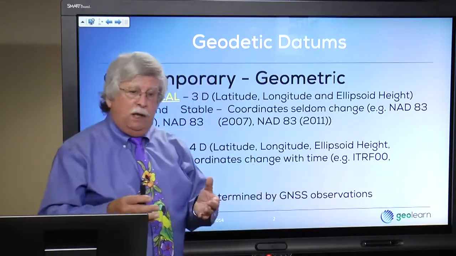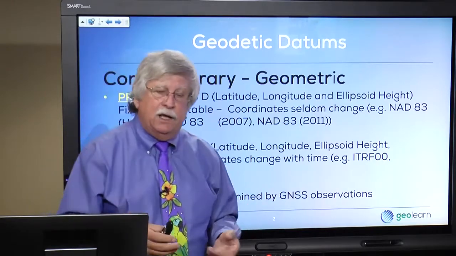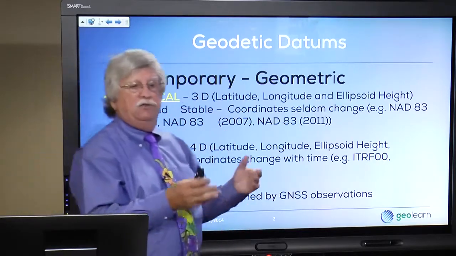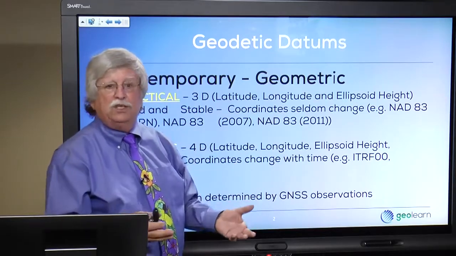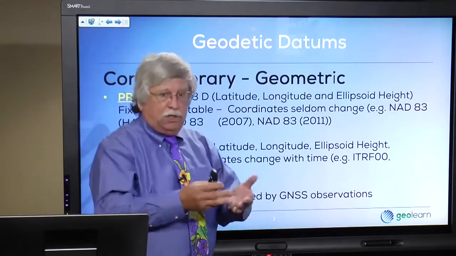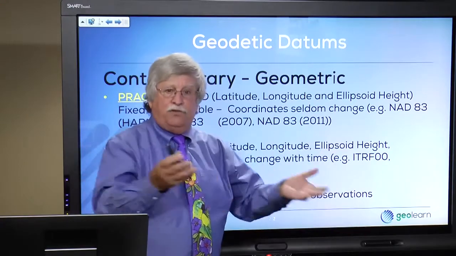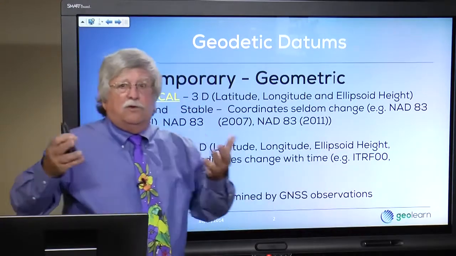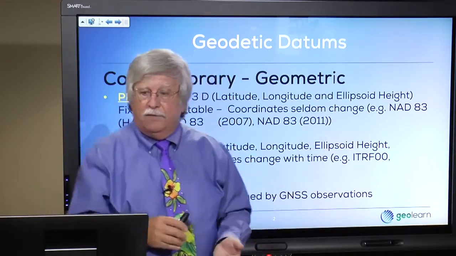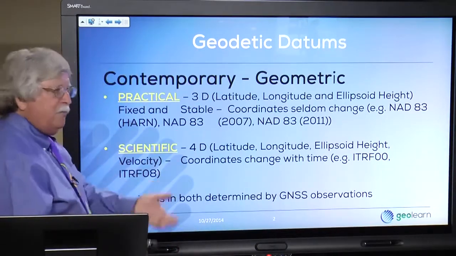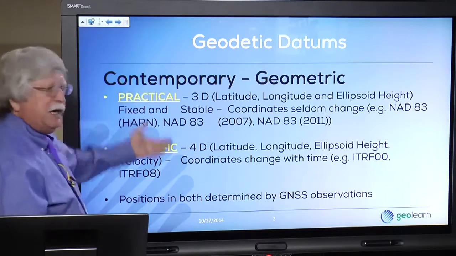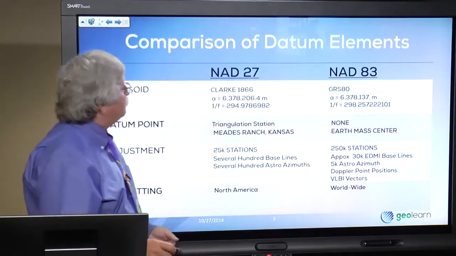The interesting part of technology today is that through one box, a GPS or GNSS continuously operating reference station, or a CORS, you can deliver easily both sets of coordinates to the user, so the user can decide what it is that they want to use. So contemporary geometric datums can be provided in one of two ways.